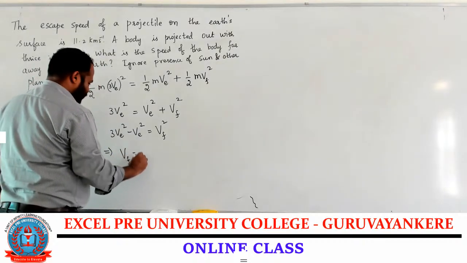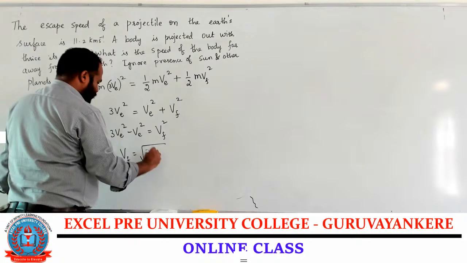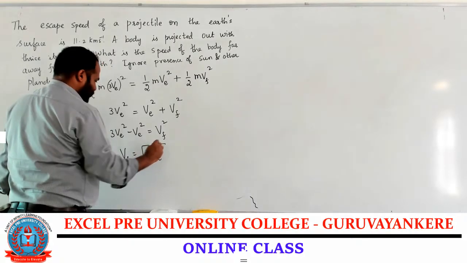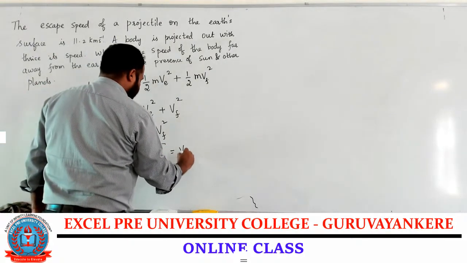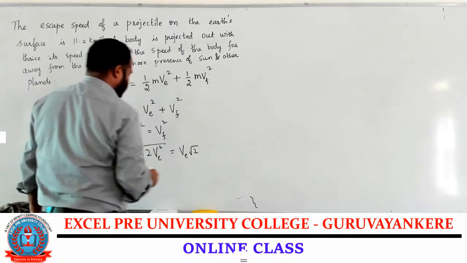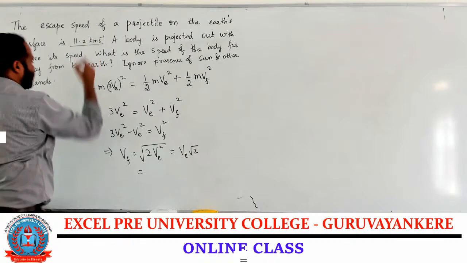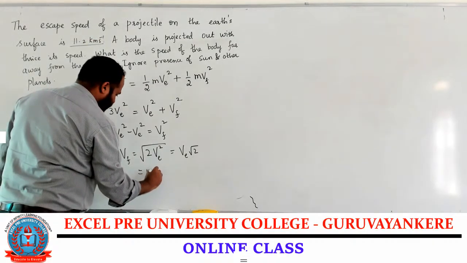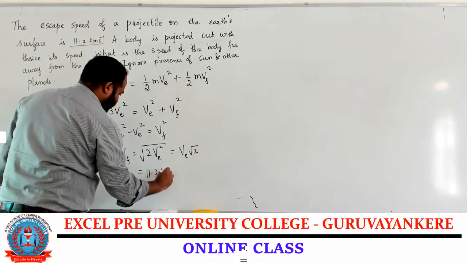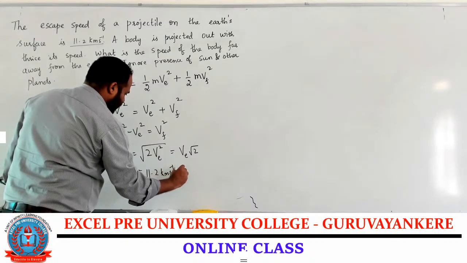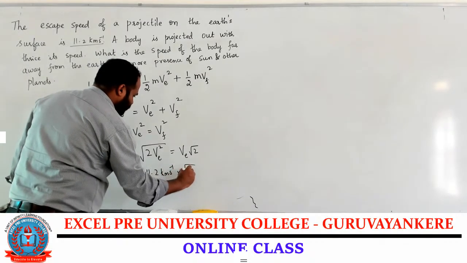Vf is root 8 ve square, which is ve into 2 root 2. So the answer: ve is given already. For Earth's surface it is 11.2 kilometer per second into 2 root 2.